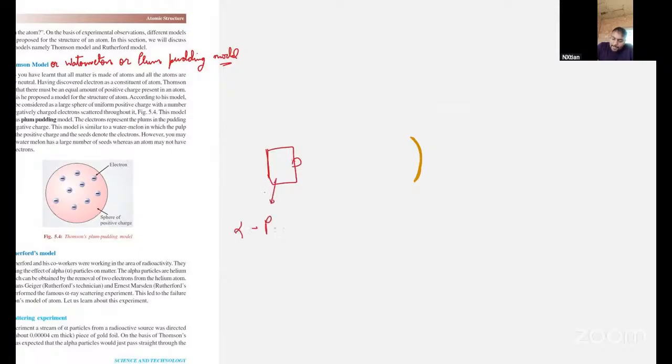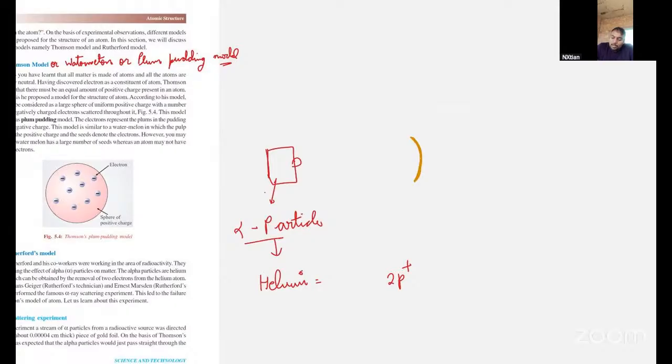Now, what is an alpha particle? Remember this thing. Alpha particles are basically made up of helium. Helium has 2 electrons and 2 protons. But they are a little bit different. When you remove the 2 electrons that they have, then it is called an alpha particle.